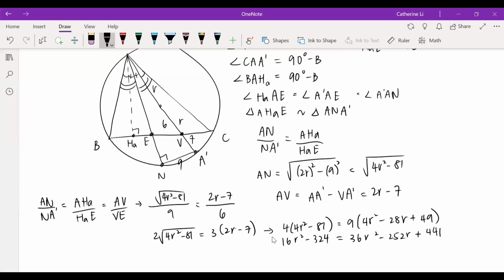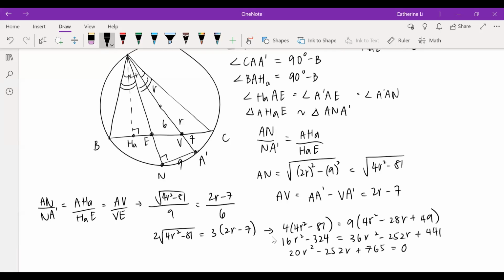Okay, that looks good. And then bringing all the terms to one side, we have 20R squared minus 252R plus 765 equals 0. And this is not that easy to factor.